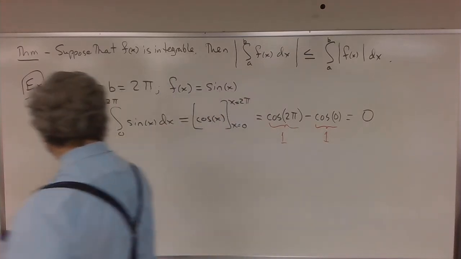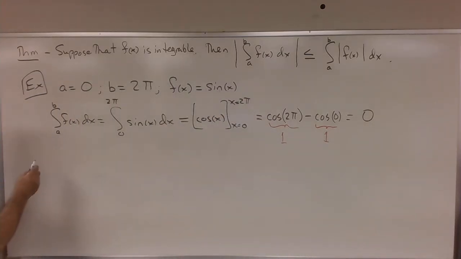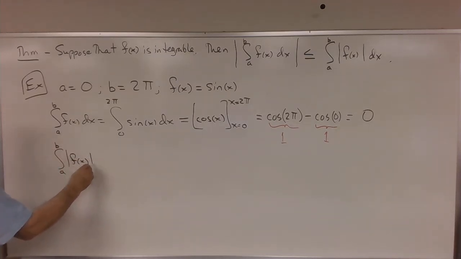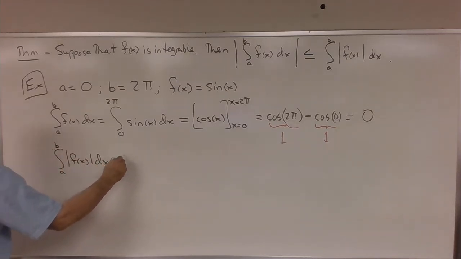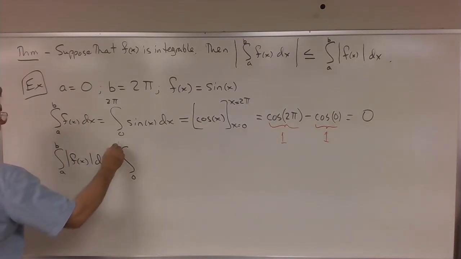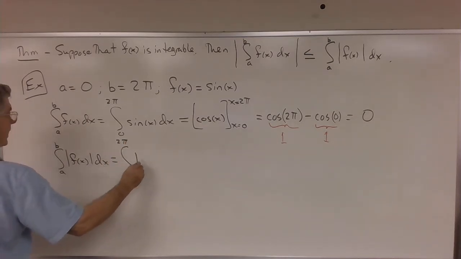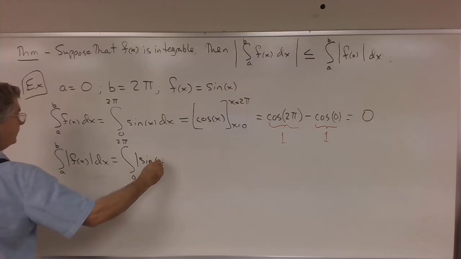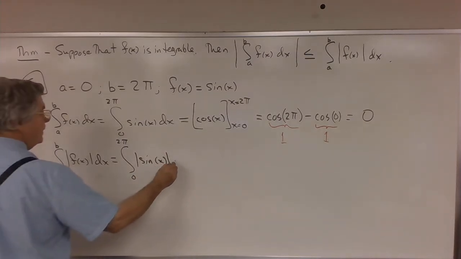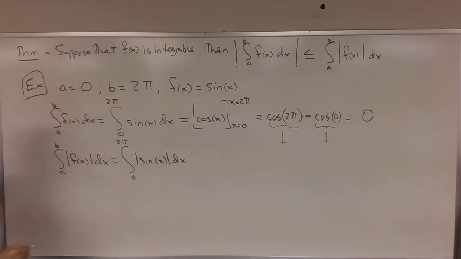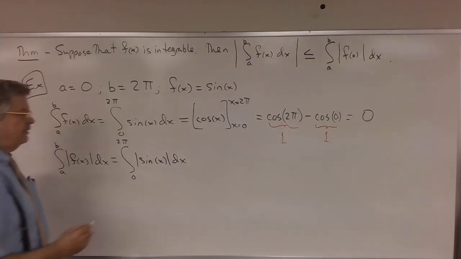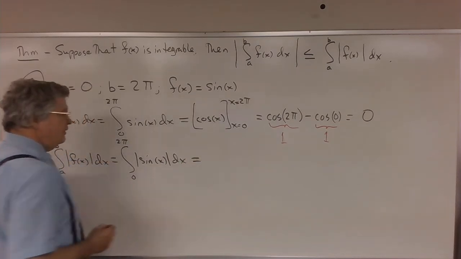Now suppose we do the integral a to b of the absolute value of f of x. So that's 0 to 2 pi, absolute value of sine of x, dx. And let's see, what's the absolute value of sine of x?